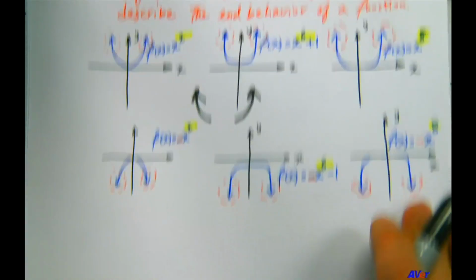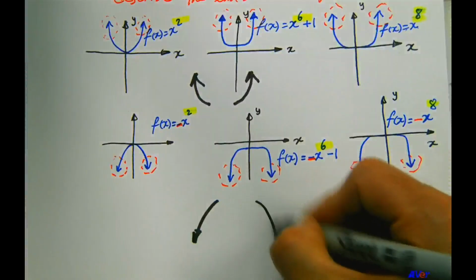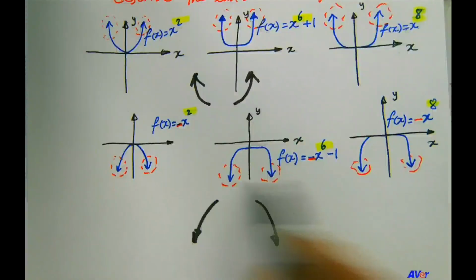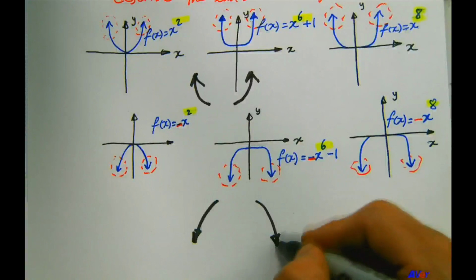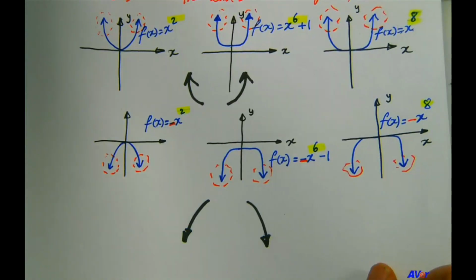But for these three, the pattern would be down like that, right? For all of these, the end behavior is like that. By the same token, you can say the same things about the cubic function. So let's look at some examples of that.